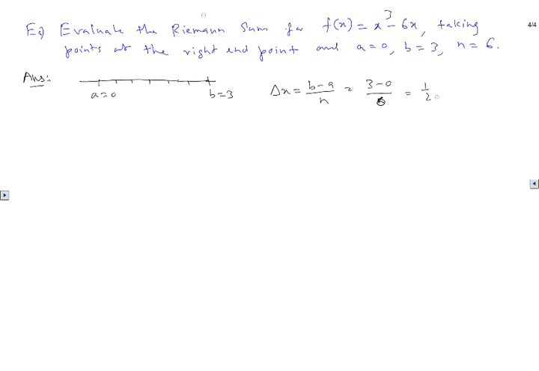So delta x is 1/2. Since they say at the right endpoint, that means you need to evaluate at those right endpoints. What are these numbers?